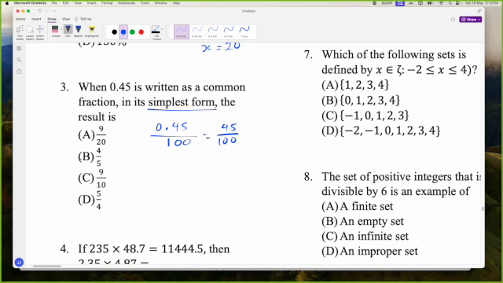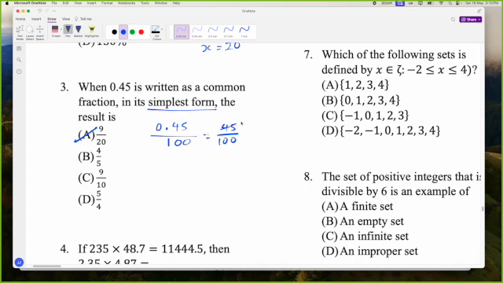So 4 over 5, for example, is not less than half. 9 over 10 is not less than half. 5 over 4 is not less than half. But you could easily see that 9 over 20 is just a little less than half.